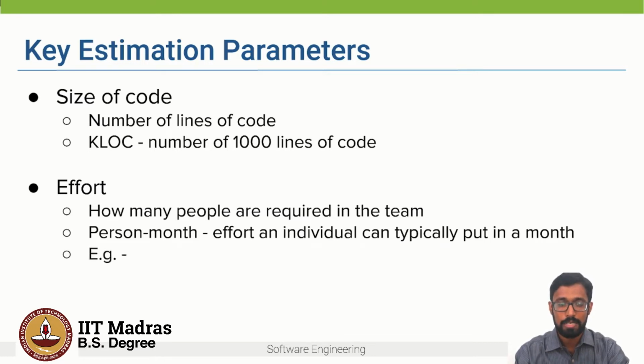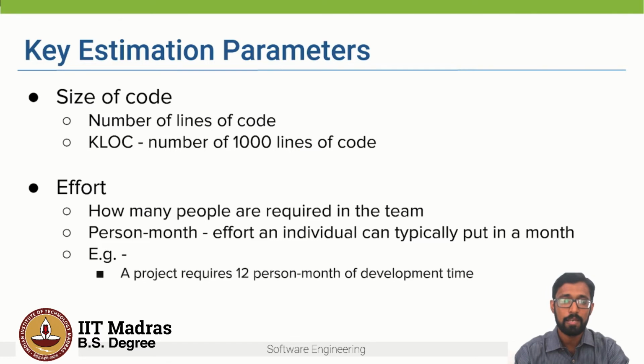Let's take an example. Let's say a project requires 12 person months of development time. Let's assume that we have estimated this quantity. We will see how we can do this estimation, but let's say we have got an estimate that this project requires 12 person months of development time.